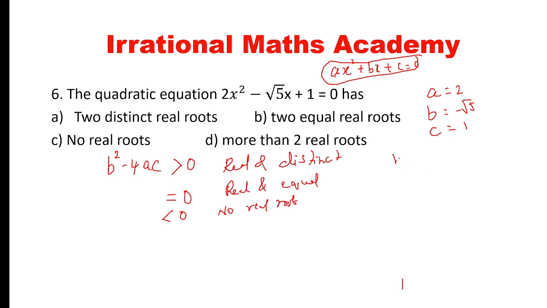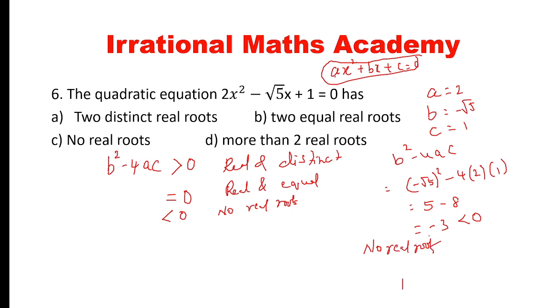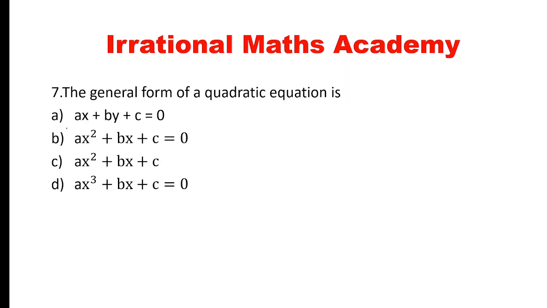So the discriminant b square minus 4ac equals minus root 5 whole square minus 4 into 2 into c, which is minus 1. Minus root 5 whole square is 5, minus 4 twos are 8. 5 minus 8 I'll get minus 3. Minus 3 is less than 0, which means no real roots. So the option should be C, no real roots.